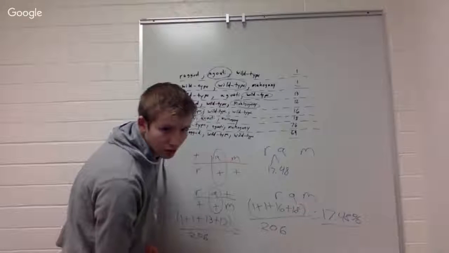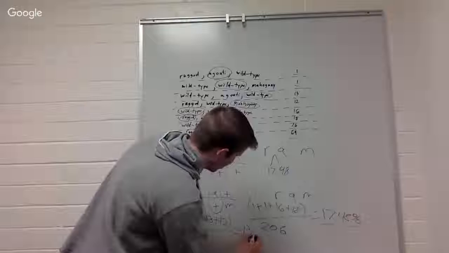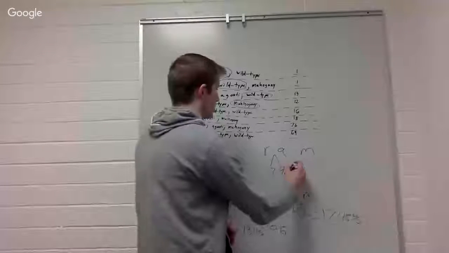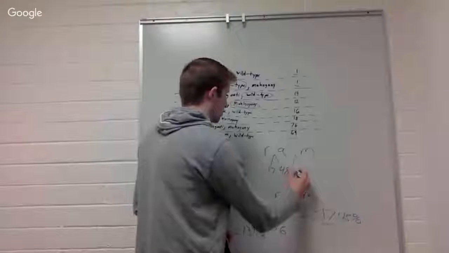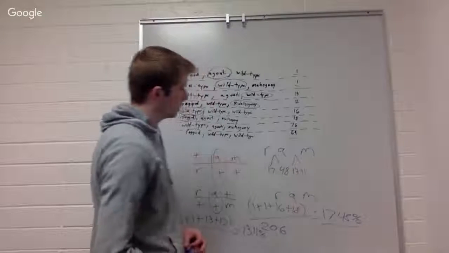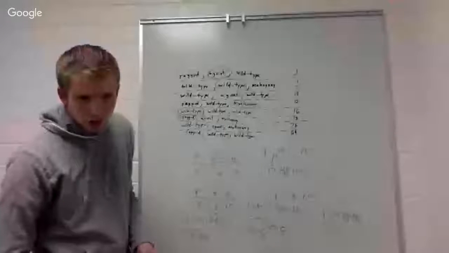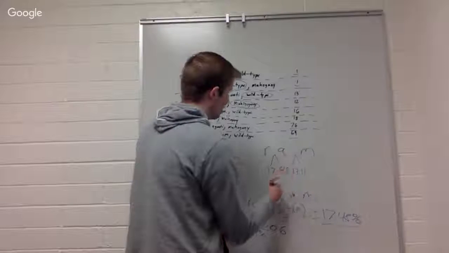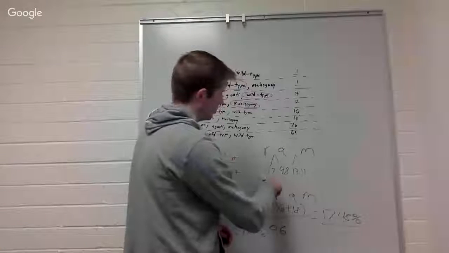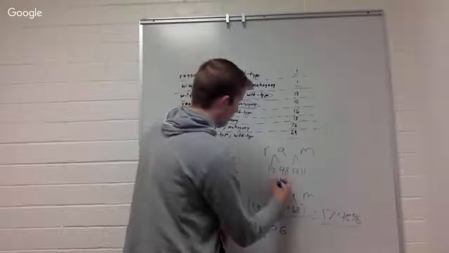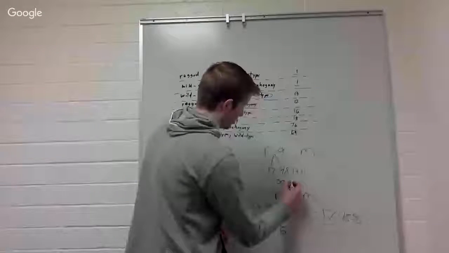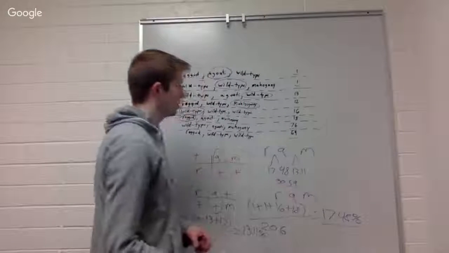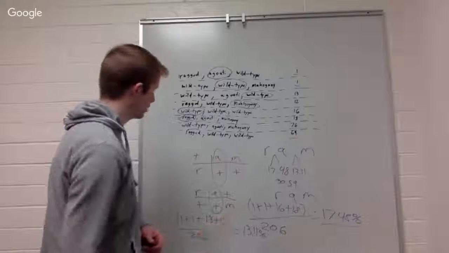So that equals 13.11%. And so the distance between those two is 13.11. And so if we were to add both of these together, from R to M would be 30.59%, 30.59 map units from each other from the R to M.